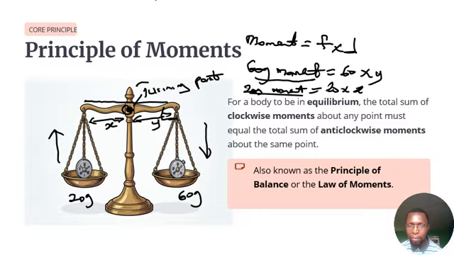So clockwise moment, this one is going upward, that's clockwise, while this one is going downward. So clockwise moment must be equal to what? Anti-clockwise moment. That's what the principle of moment is stating: for a body to be in equilibrium, the clockwise moment must be equal to the anti-clockwise moment. I hope that is clear.